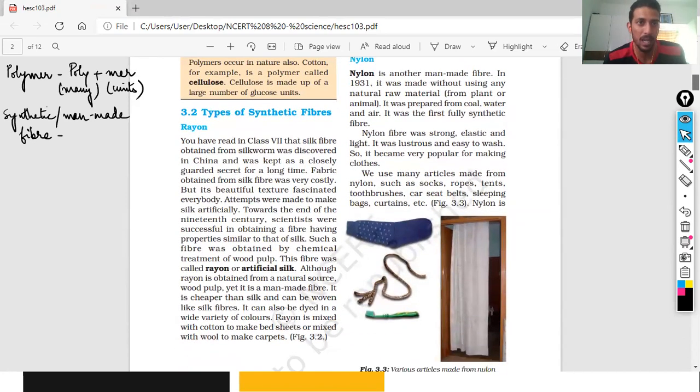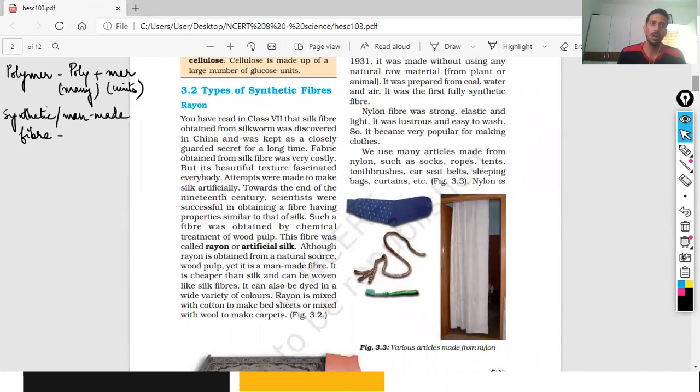The first one being rayon. Okay, it is also called artificial silk. Rayon was replaced, I wouldn't call it replaced, but rayon was used as or considered as another flavor of silk, because original silk was way too expensive and it was very difficult to find.